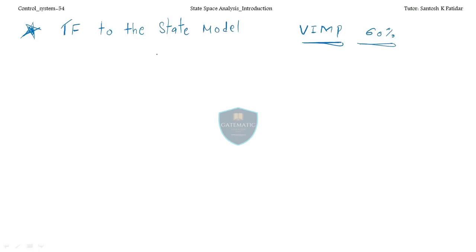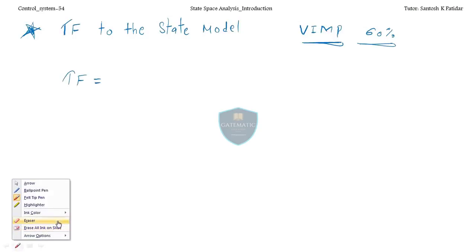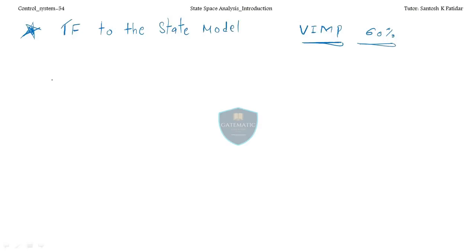Let me write the equation first, then I'll come to the transfer function. The state space equation is x dot equals Ax plus Bu, and the output equation is y equals Cx plus Du.